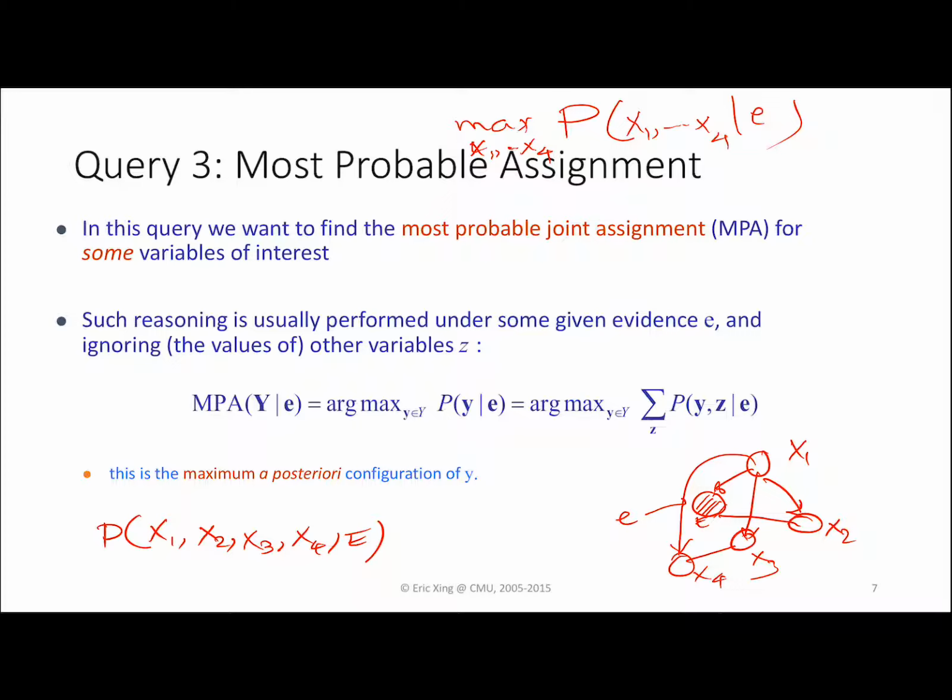If you do it naively by just plugging everything into this structure, it can cause a lot of computational problems. So one of the things that we discuss today and in the next class is how we can compute this query, which is the MPA query or maximum posterior query, in a computationally efficient way.